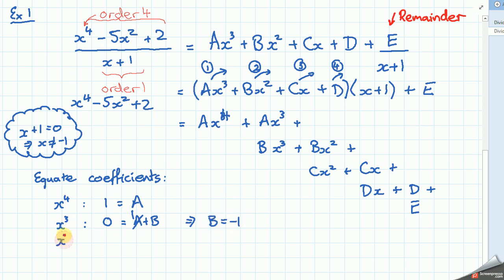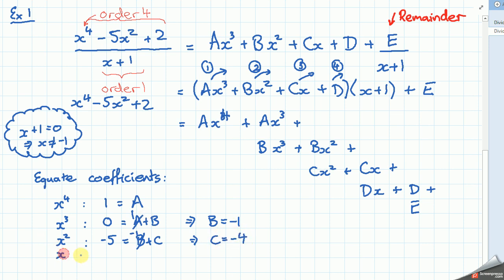X squared is minus 5 and is equal to b plus c. Well, we know b is minus 1, so that means c must be minus 4.